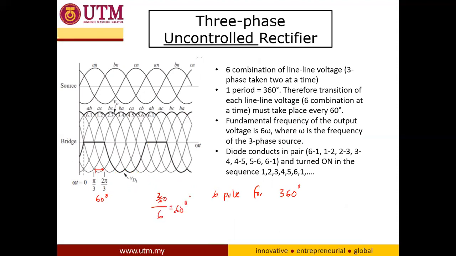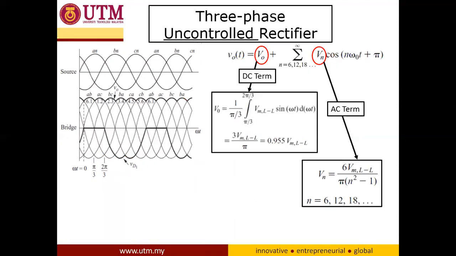From that, we can compute the average output voltage. We integrate from pi over 3 to 2 pi over 3, which is 60 degrees, the Vm line-to-line sine omega t. So we will get the formula for the output voltage, which, as you can see, is 3 times the single-phase value.